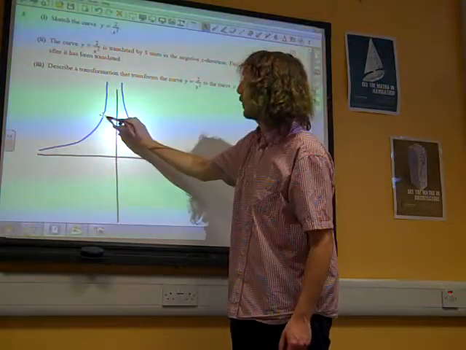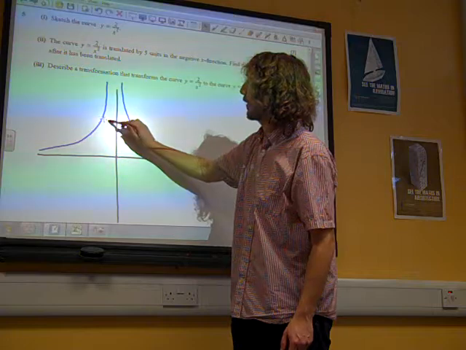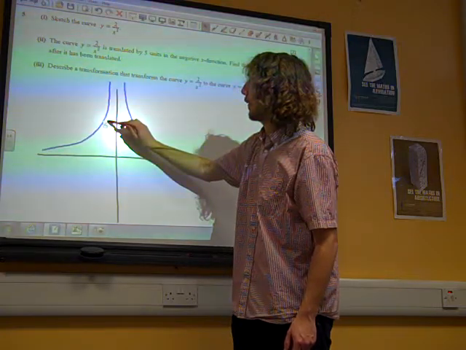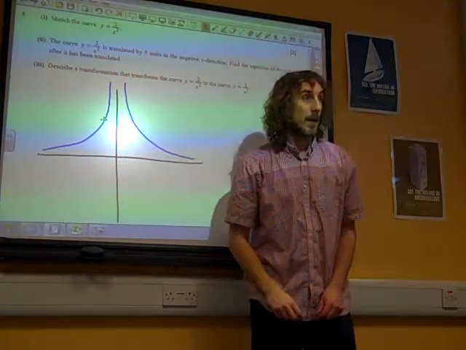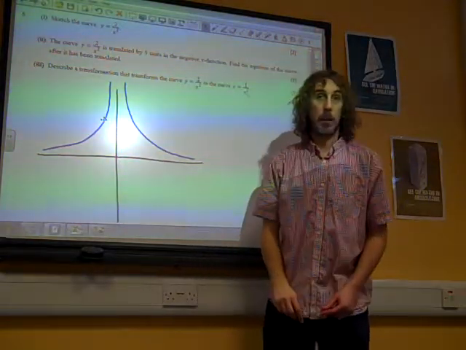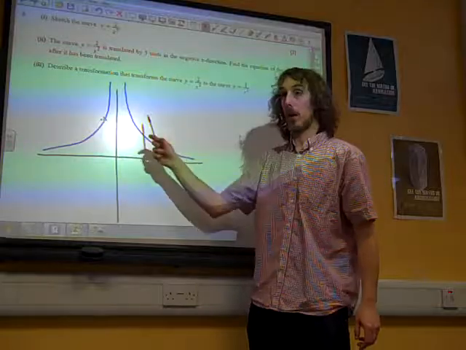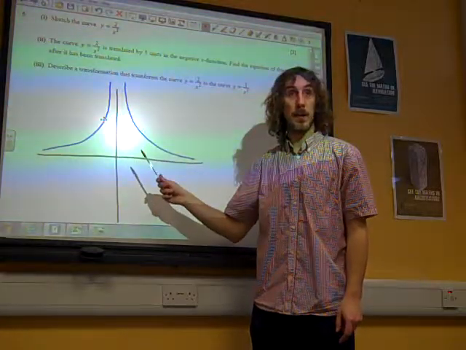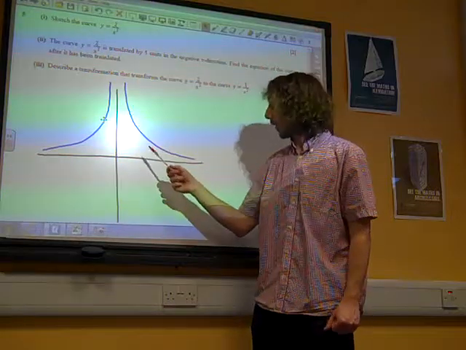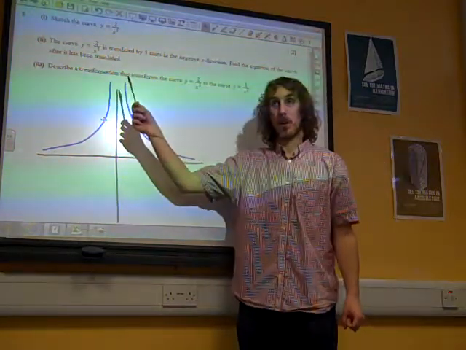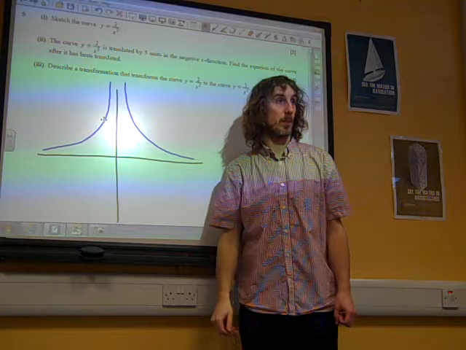Because of the alignment of my board, I've not drawn it terribly symmetrically. Oh, now I have. Look at that. What we're looking for is a graph that is in those two quadrants only, that has asymptotes at the axes, that doesn't curve back up again, and that is basically symmetrical.